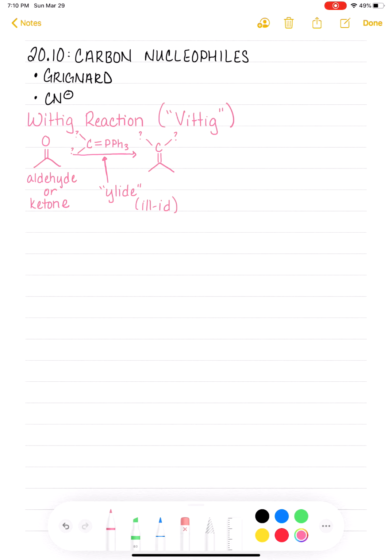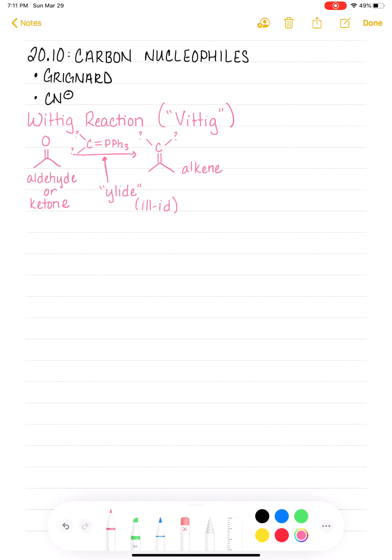So this is an awesome reaction because it forms a carbon-carbon bond. Specifically, it forms a carbon-carbon double bond. But it's one of the few ways that we have of creating carbon-carbon bonds. So this reaction is really mysterious. It looks like it's just full of all kinds of magic.